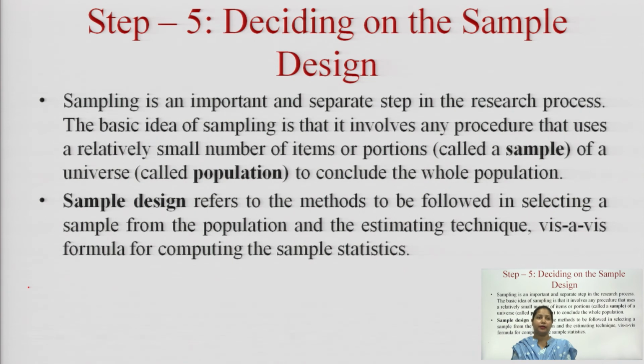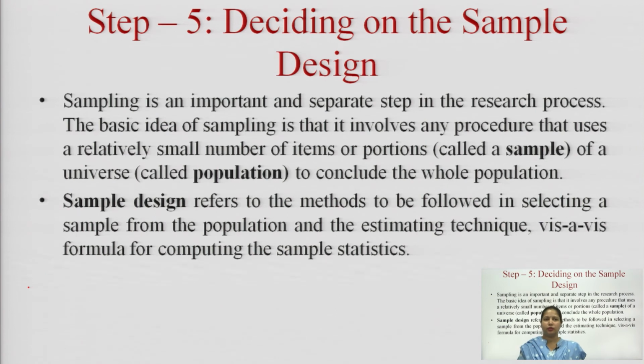The basic idea of sampling is that it involves any procedure that uses a relatively small number of the items or proportion, called a sample, of the universe or population, to conduct the study on the whole population.